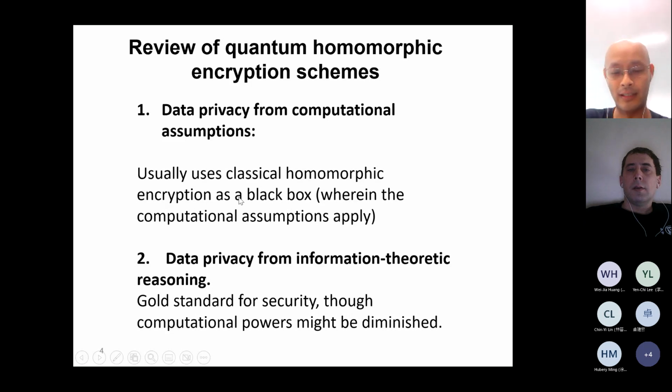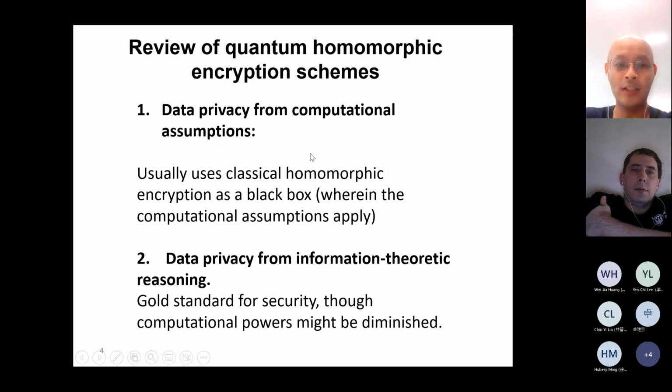Because they use this black box, the corresponding quantum homomorphic encryption scheme will also require these computational hardness assumptions. So there's one wide sector of literature that focuses on computational hardness assumptions.